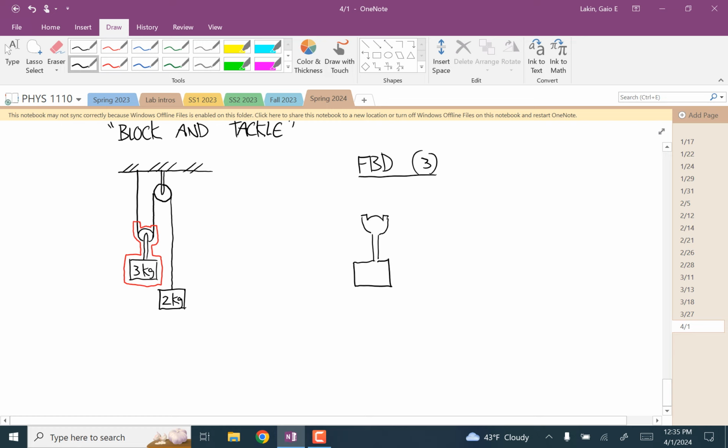Okay, are you with me on that? The weight force is 3 times 9.81, 29.43. And now the rules for pulling are parallel to the cable, away from the body, so that way and that way. And since it's the same cable in both cases, they're both T.